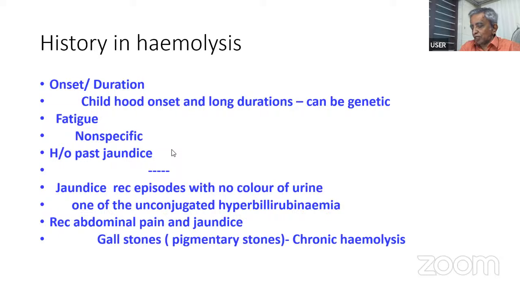Therefore, these people who are likely to get recurrent unconjugated hyperbilirubinemia can develop obstructive jaundice, which now will be conjugated hyperbilirubinemia. That is due to pigmentary stone.